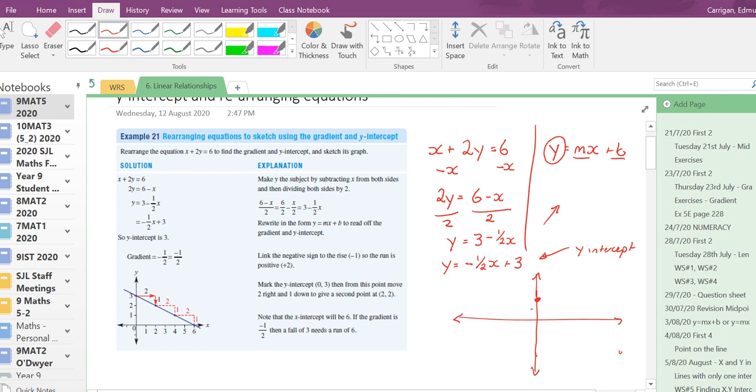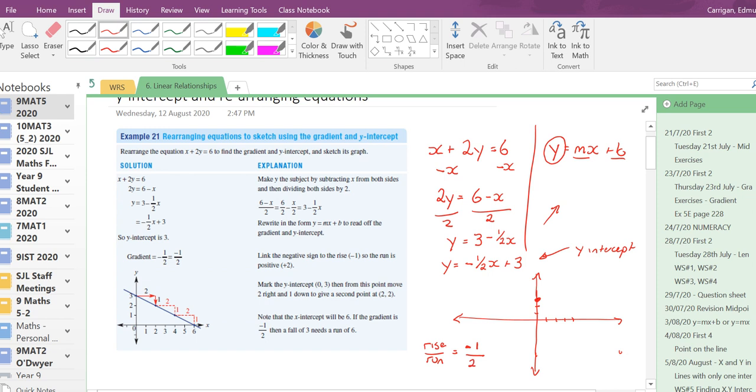The next thing we recognise is that our gradient is the rise over the run. So that's saying that the rise is minus 1 for every 2 on our run.